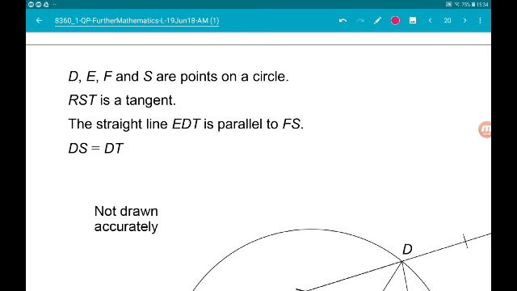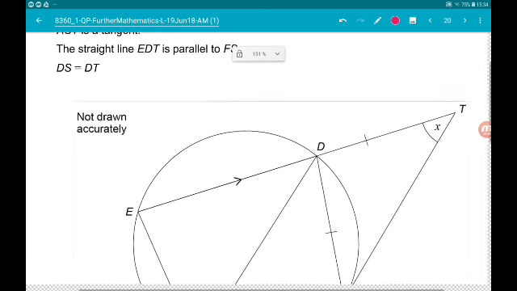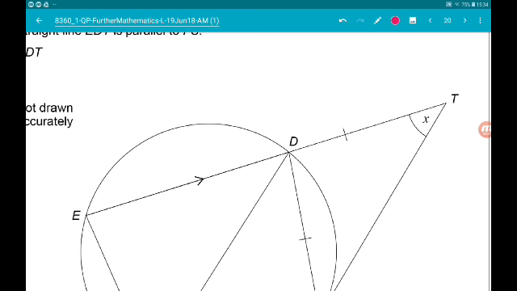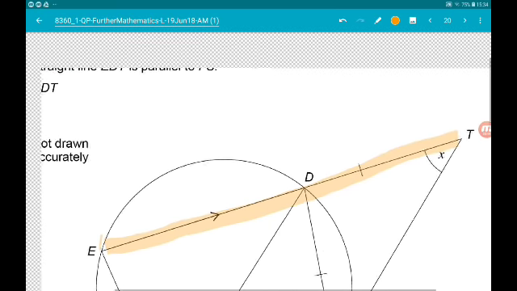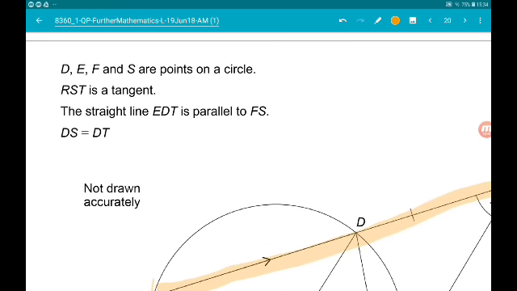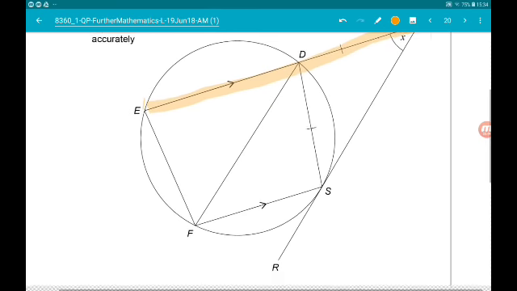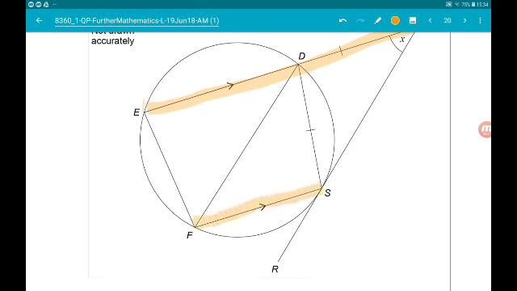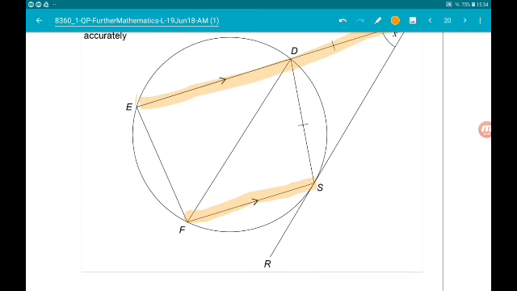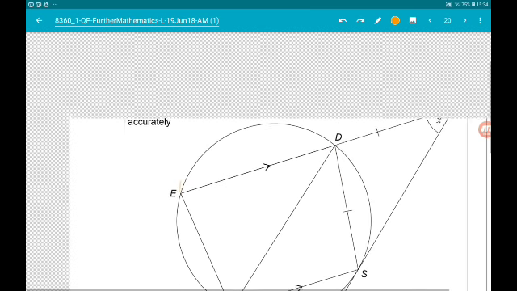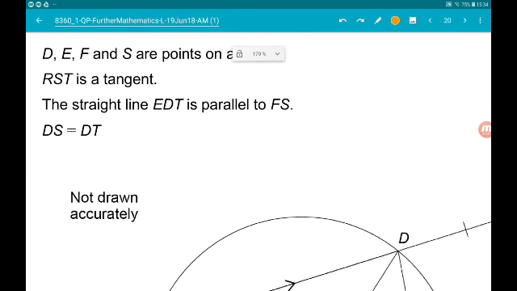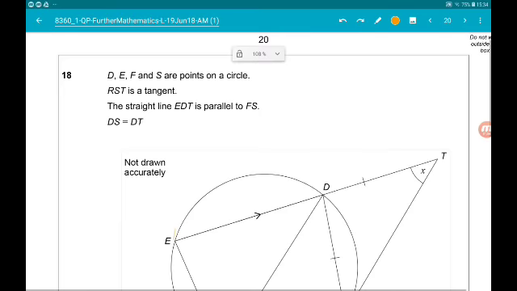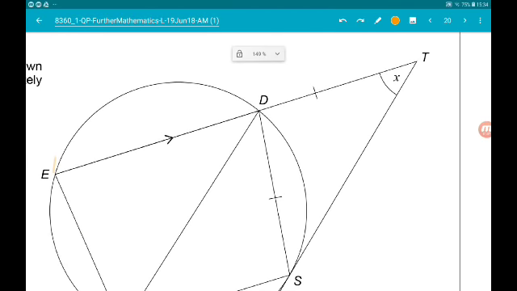The straight line EDT is parallel to FS, so EDT is this top line, and that is parallel to FS, so FS is that guy there, so those two lines are parallel. So we're told that DS is equal to DT, so that's those two lines here with dashes on them.